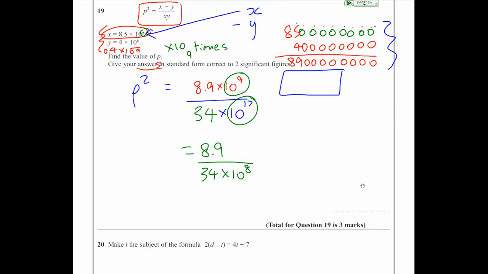Okay? So that's p squared. Like I said, usually you'd have to do a plus or minus when you square root. Square root both sides. And you can put that into your calculator.